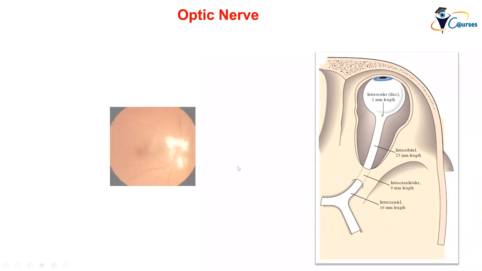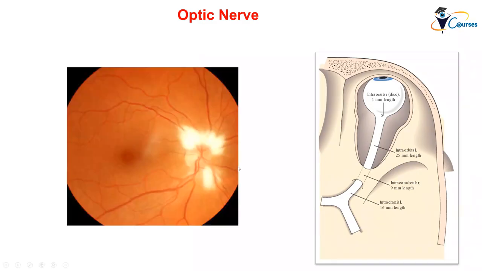However, in some congenital anomalies, this myelination spreads forward to affect the retina or the peripapillary area, causing a congenital anomaly called peripapillary myelinated nerve fibers. So this is again a congenital anomaly related to the anatomy and embryology of the optic disc.